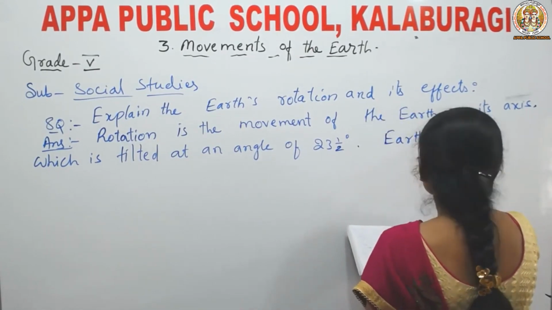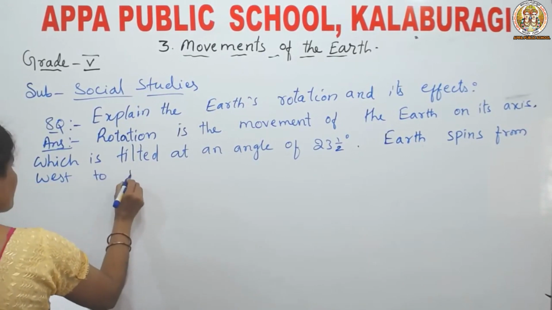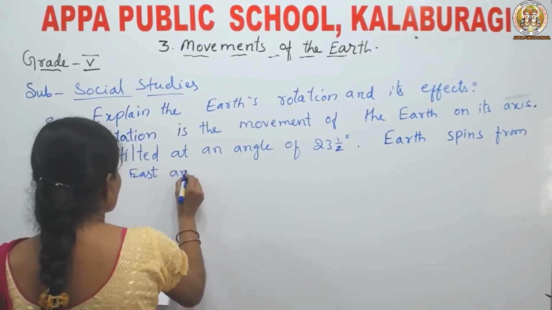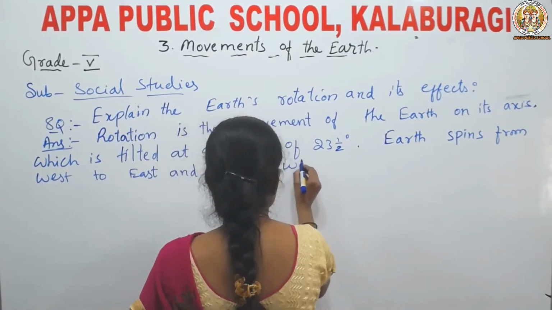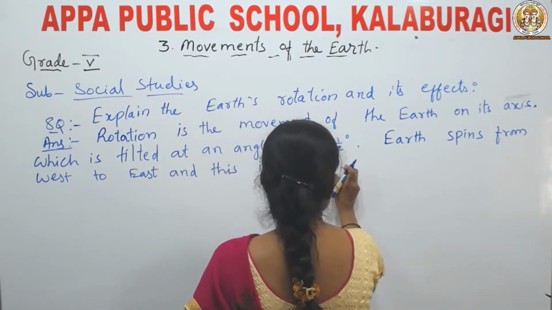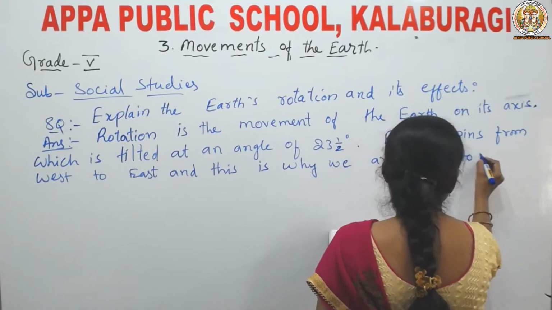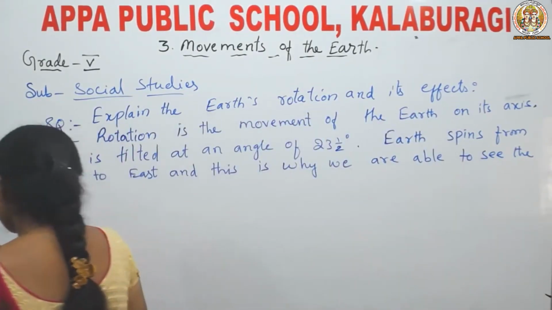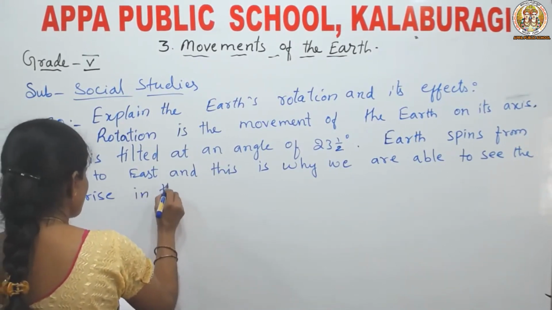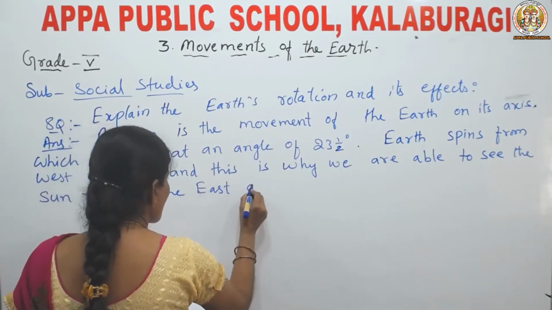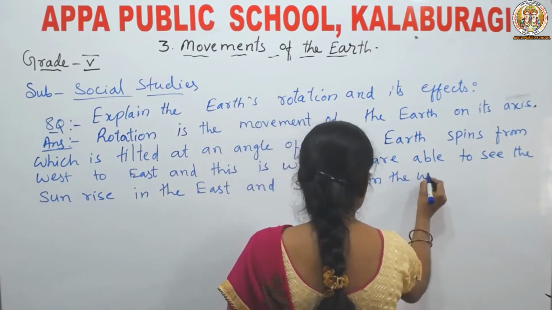Earth spins from west to east, and this is why we are able to see the sunrise in the east and sunset in the west.